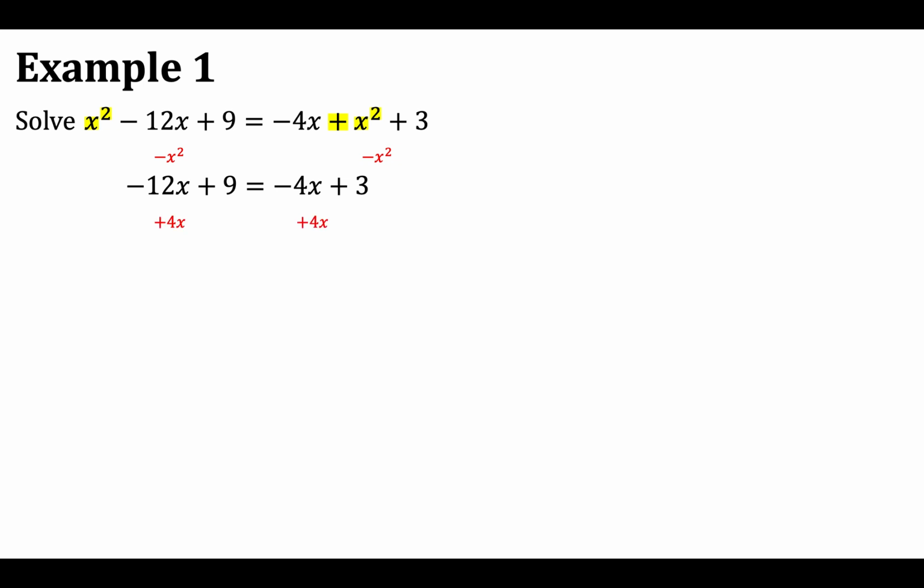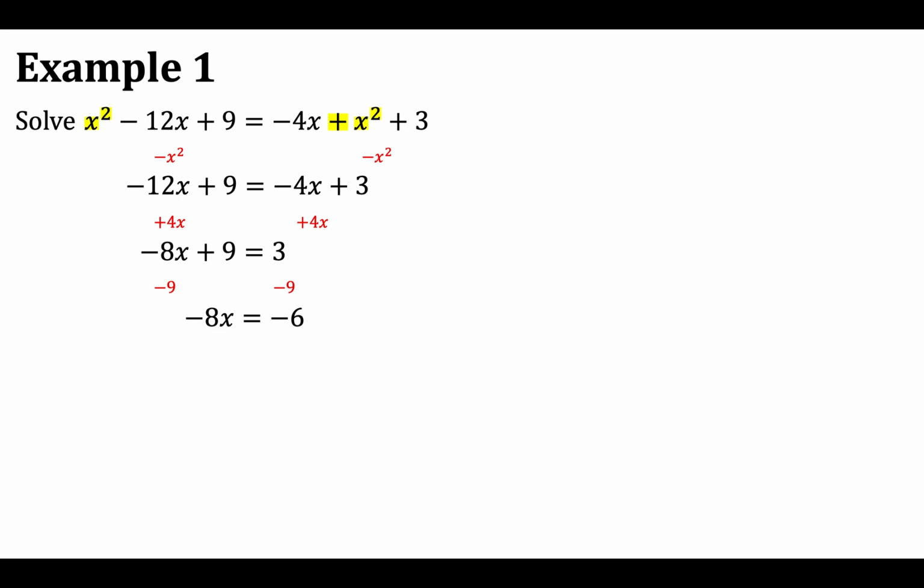So next what I can do is add my 4x to both sides. That will leave me with negative 8x plus 9 equal to 3. I can then subtract my 9 from both sides. That will leave me with negative 8x equals negative 6.